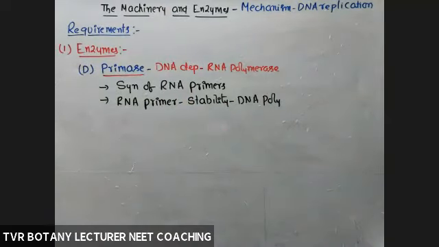So that is the role of primase. Okay. In addition to these enzymes, a certain number of enzymes are required, but they are beyond NCERT. They are not required. Leave them. No problem.